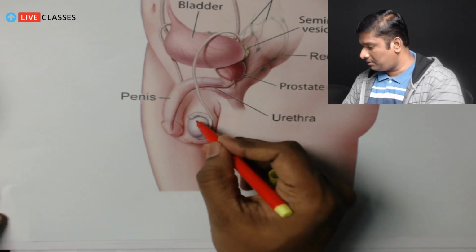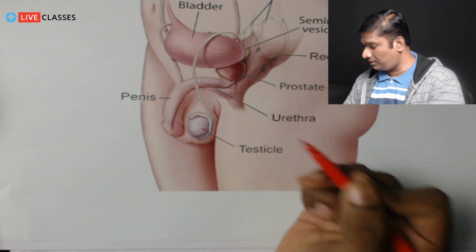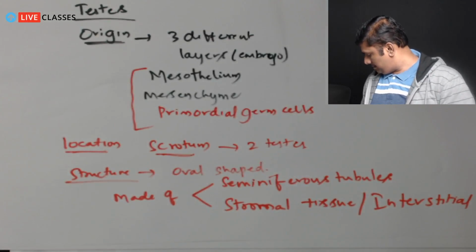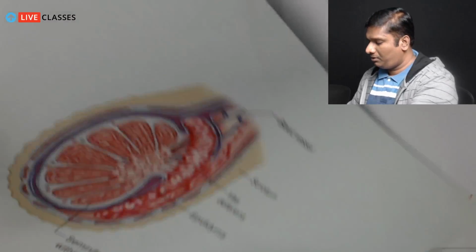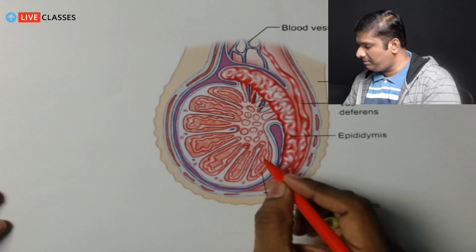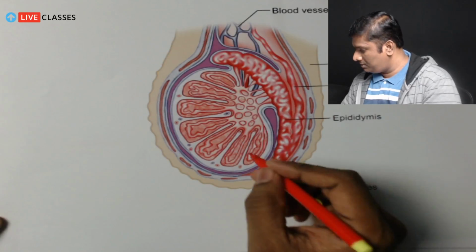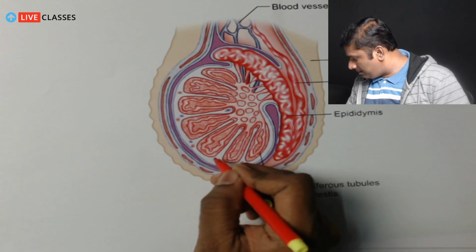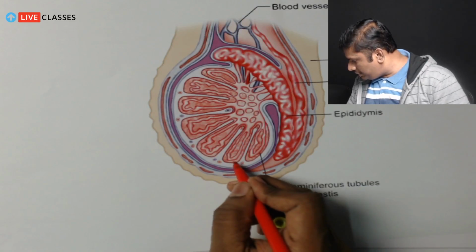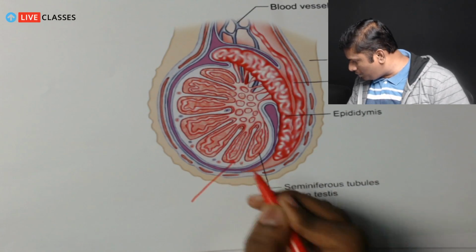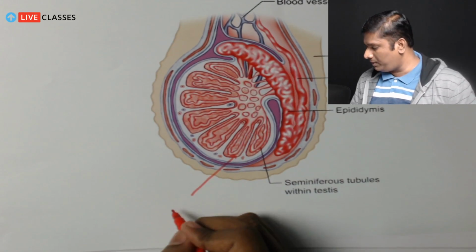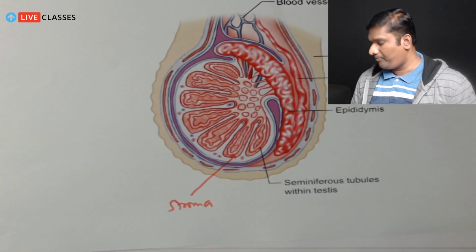This is your testis, and inside it you have the seminiferous tubules, and the matrix or connective tissue surrounding them, which we call the stroma.